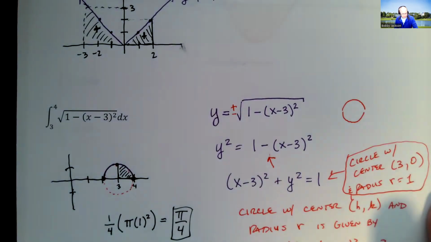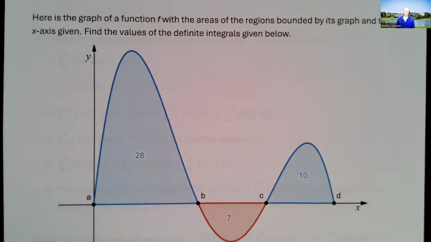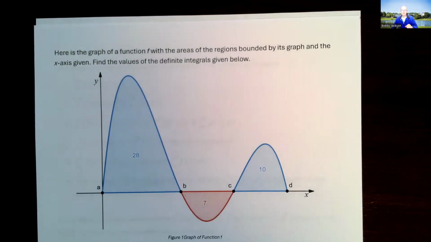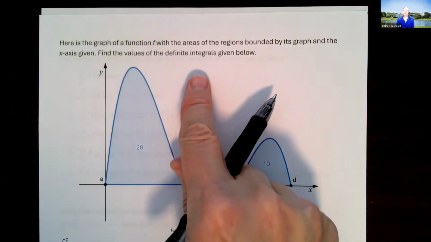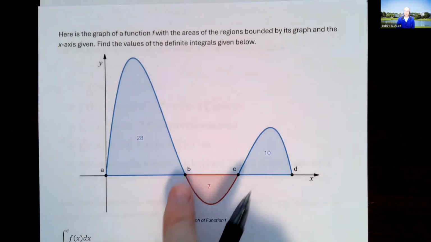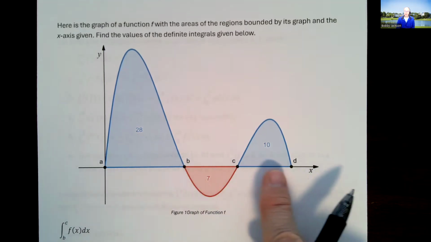Let's just play around with this idea. Suppose that I have this function here, and areas of the regions bounded by its graph and the x-axis are given, and then we're going to find some definite integrals. So this function is on the interval from A to D here.